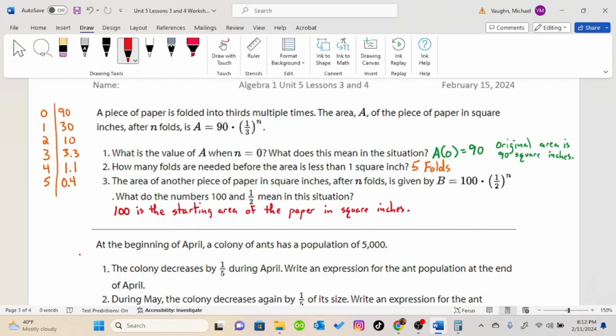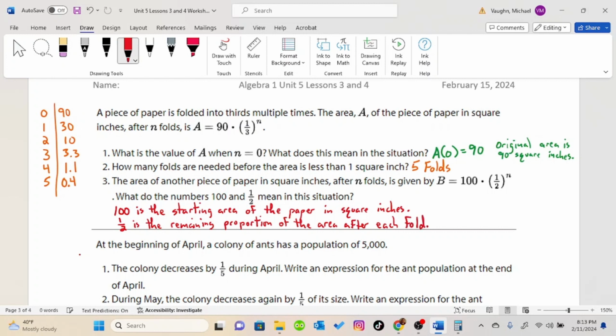1/2 is the factor. 1/2 is the remaining proportion of the area after each fold.